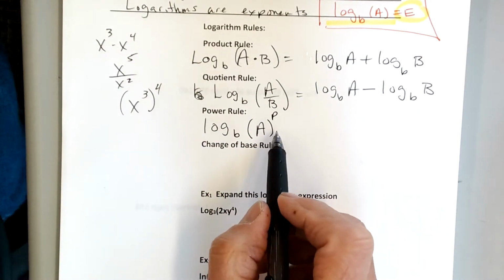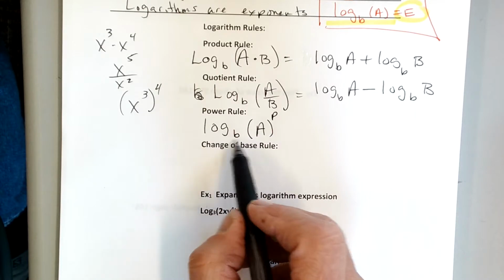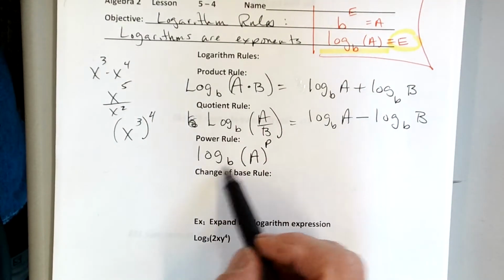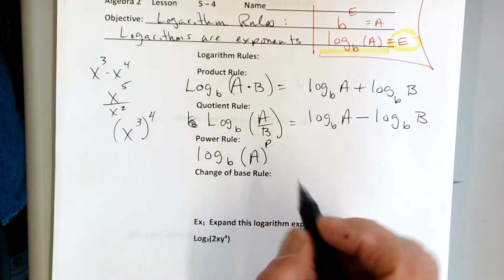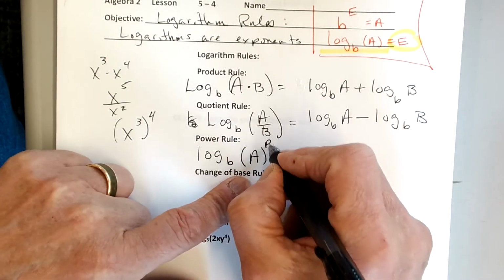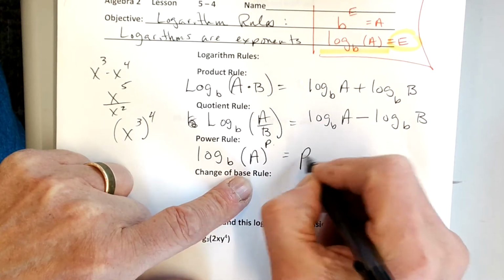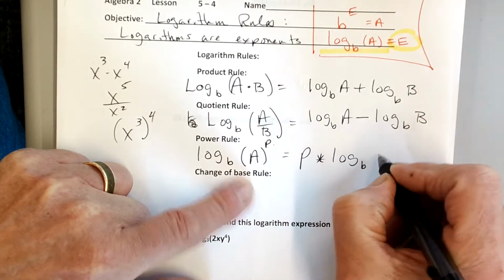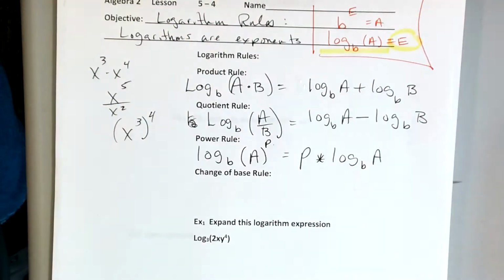So in a sense, I think about this. This is an exponent. This is an exponent. It doesn't look like an exponent, but we know logarithms are exponents. We have an exponent to an exponent. We can multiply the exponent. So we can rewrite this by bringing down the p, and we multiply it times the log base b of a, okay?